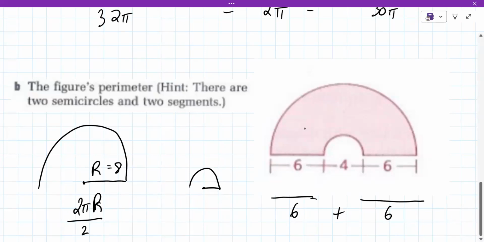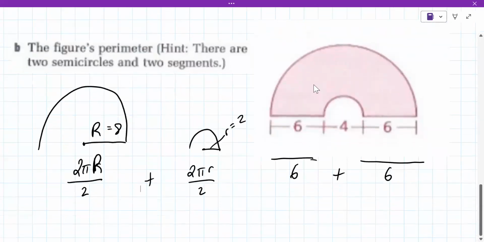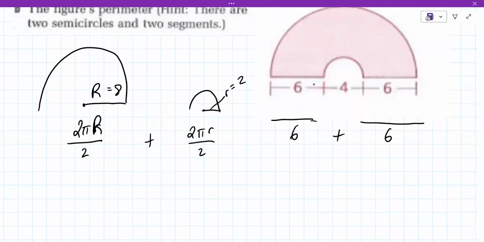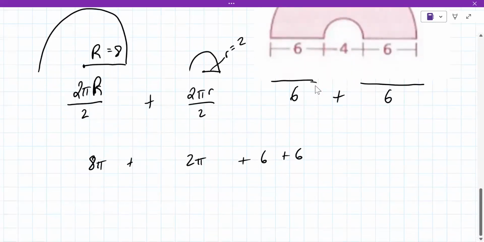And then the little r here, radius of 2, again 2 pi r, but we're just cutting it in half because there's only half of it. So you get pi times r: 8 pi plus 2 pi plus 6 plus 6, 10 pi plus 12.